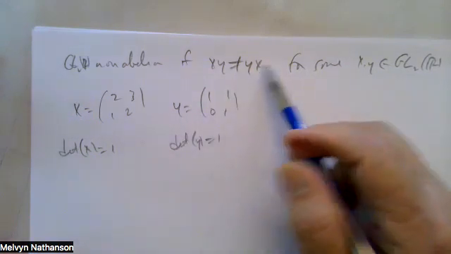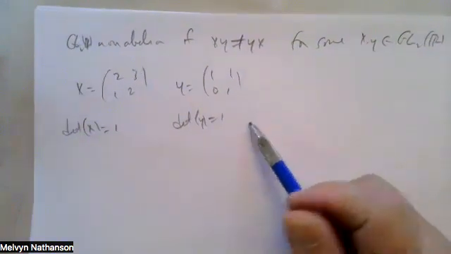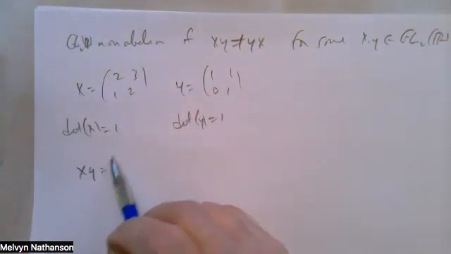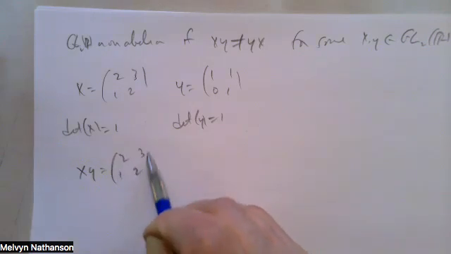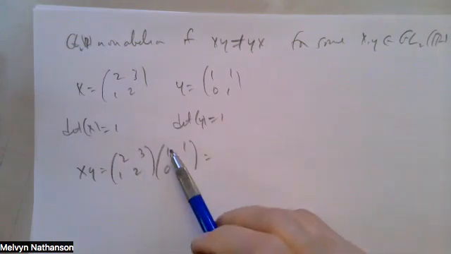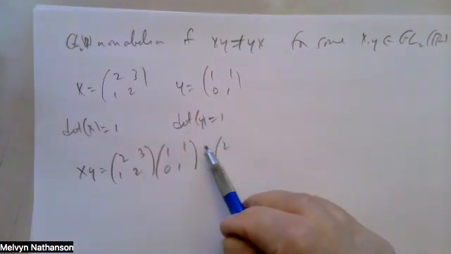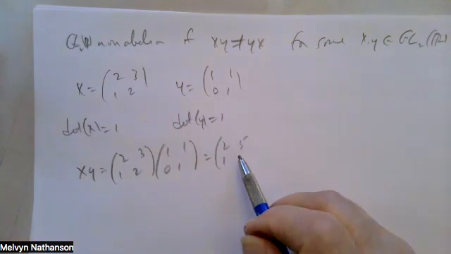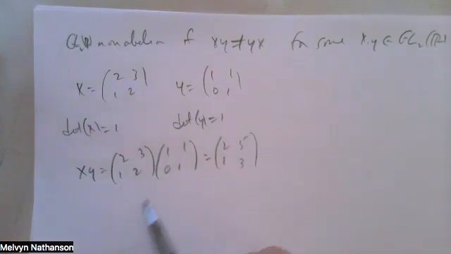So these are matrices in GL2R. So let's do the calculation. What is xy? 2, 3, 1, 2, times 1, 1, 0, 1. When I multiply, I get 2, 5, 1, 3, I believe.